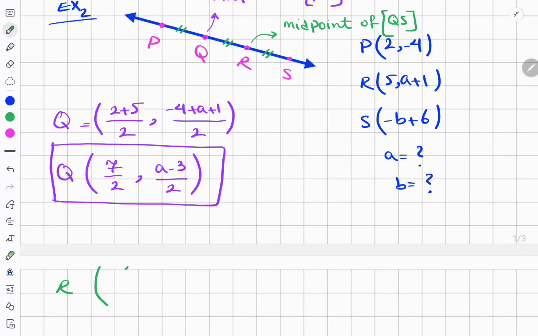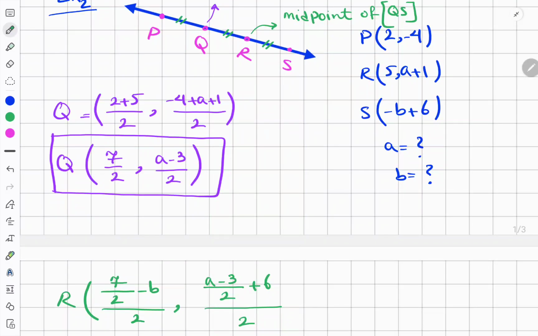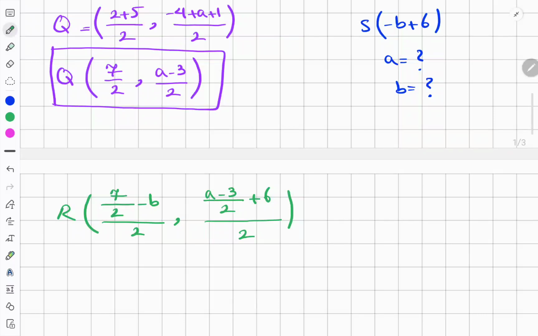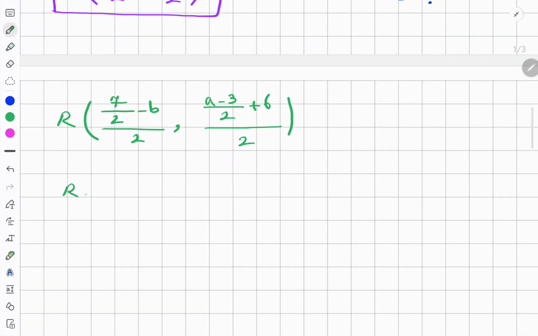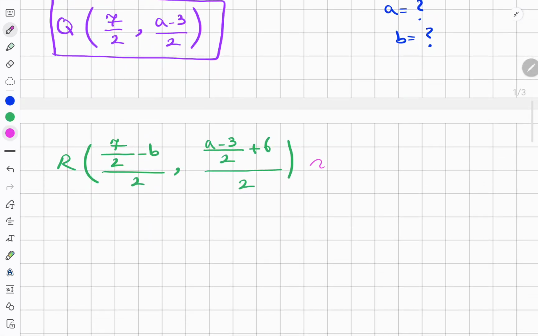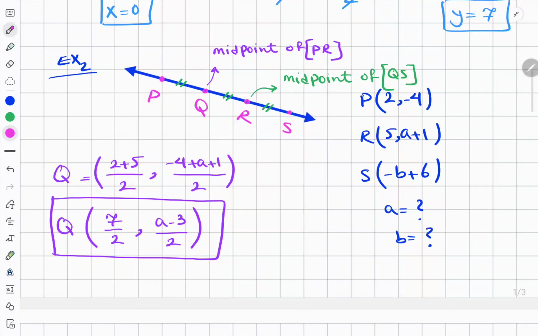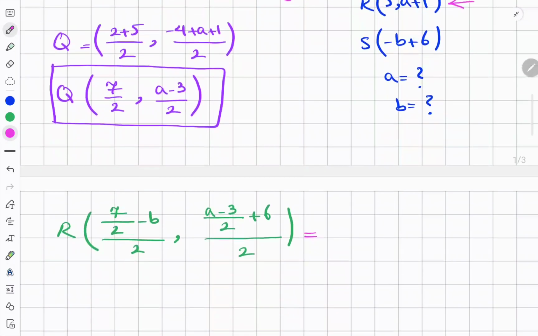So 7 halves minus b over 2. And let me simplify this. Let me write the coordinates of R. R is (5, a + 1).